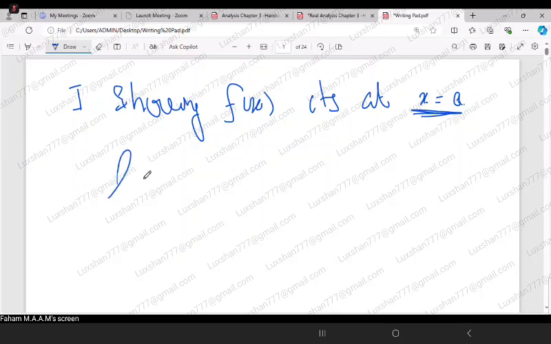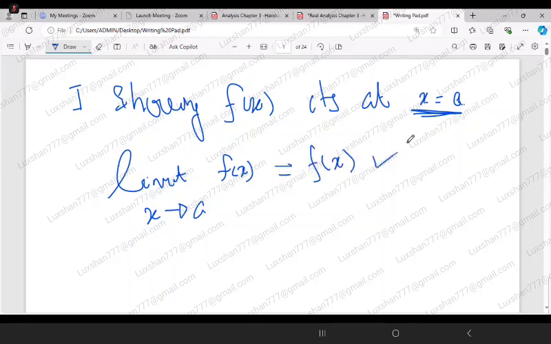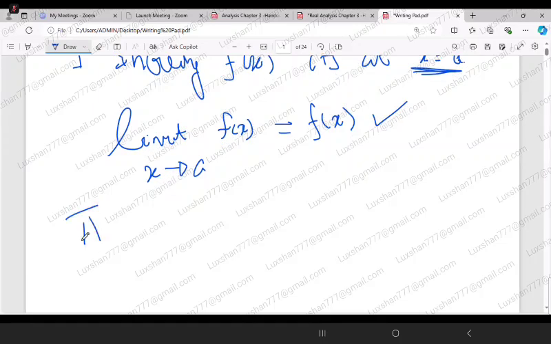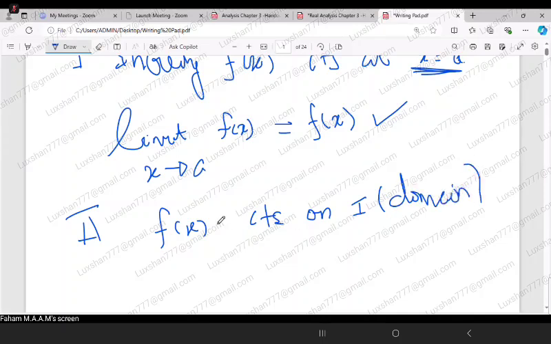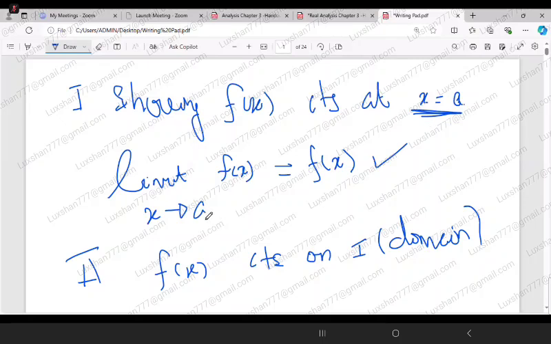Then what you have to show is the limit of f(x) as x tends to a equals f(a). Now, the second thing is showing f(x) is continuous on I, where I is the domain. Then your a should be an arbitrary point. You have to choose an arbitrary point and show this.